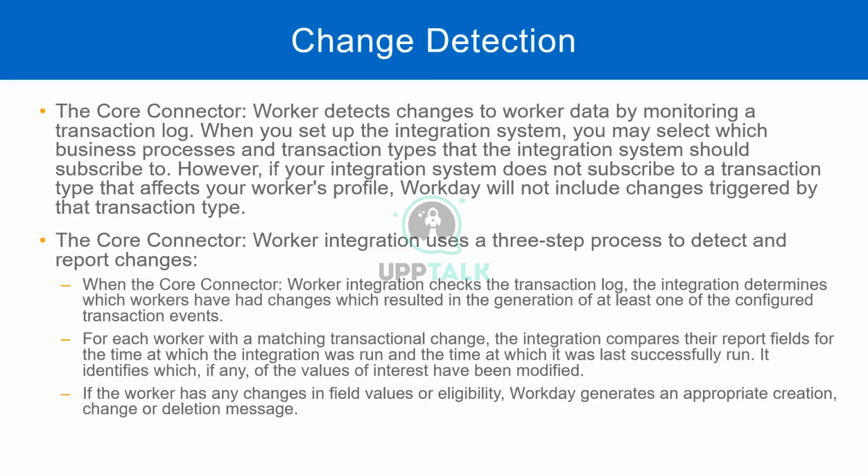Then it will compare each and every field to see what information was changed. If at all there is a change, it then checks when the change was made and with what effective date. So what change? What are the data changes?